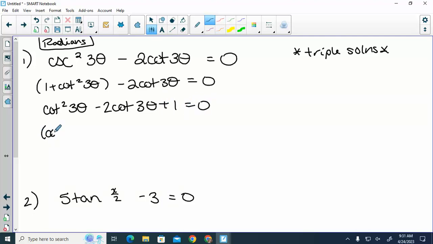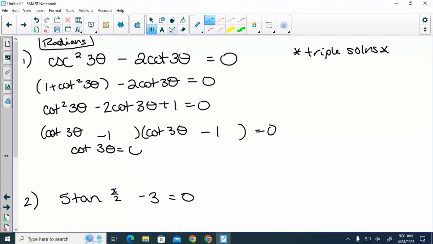So cotangent squared breaks into a cotangent. What multiplies to 1 and adds to negative 2? Negative 1 and negative 1. So if you set each of those to 0, they're the same, so we really only have to do it once. So we just have cotangent 3 theta twice equals 1.